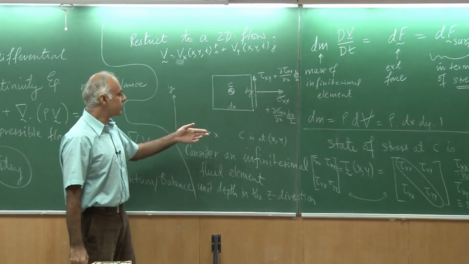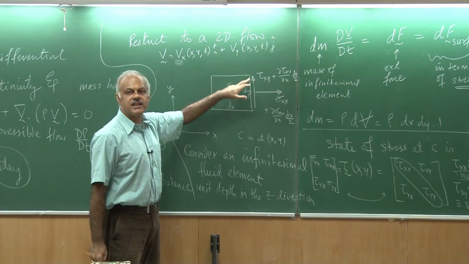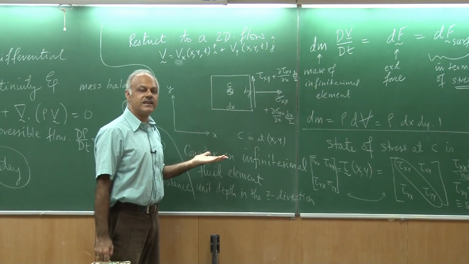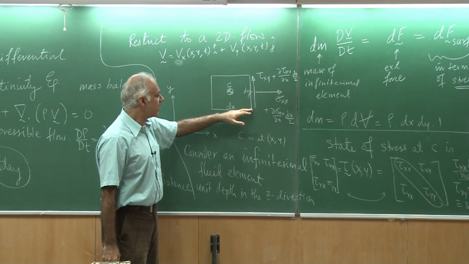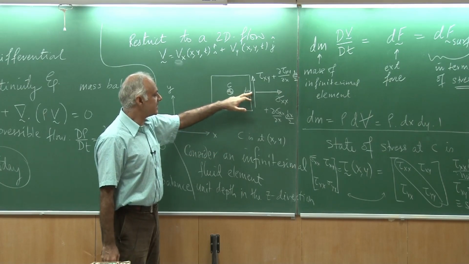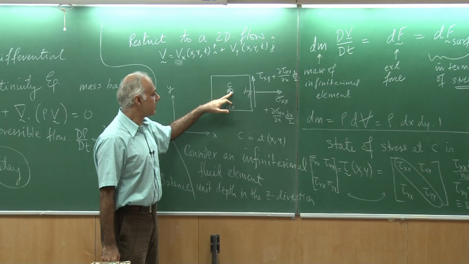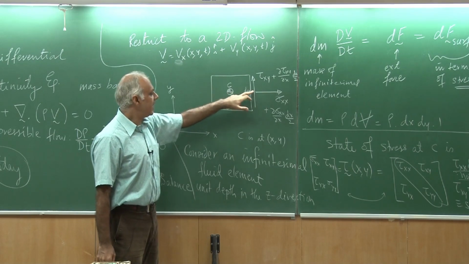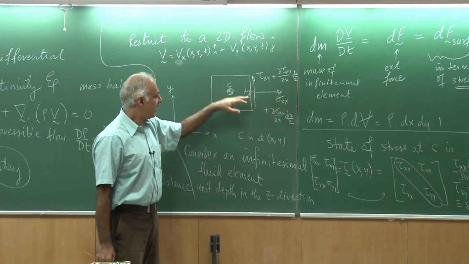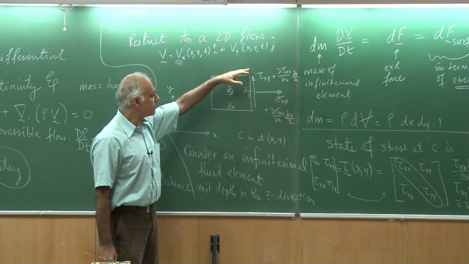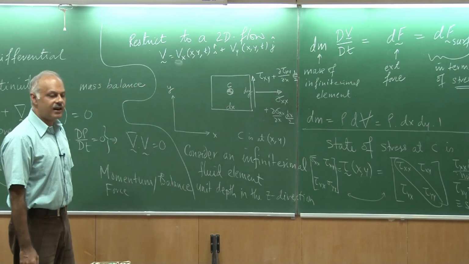Of course, you could argue that both my x and y coordinates change along this face. So, why am I not taking that into account? I can. I can take second order effects: at this point the value is sigma xx plus this, and then as I move down I could have a change in value, and then I could integrate it over the face.